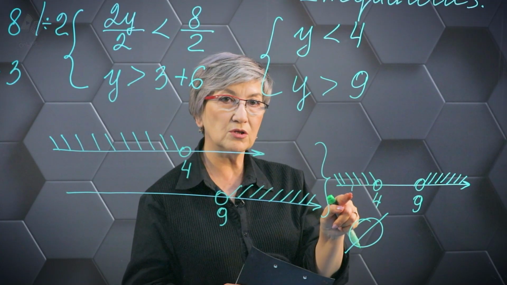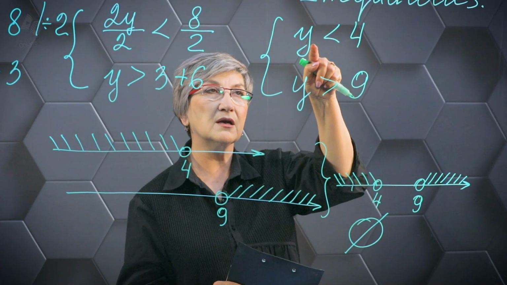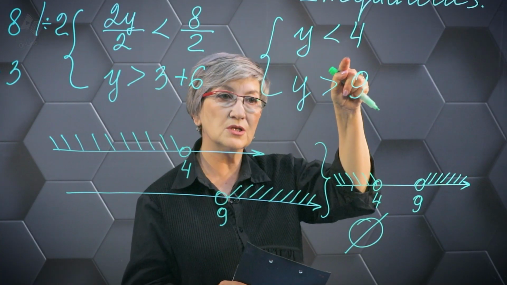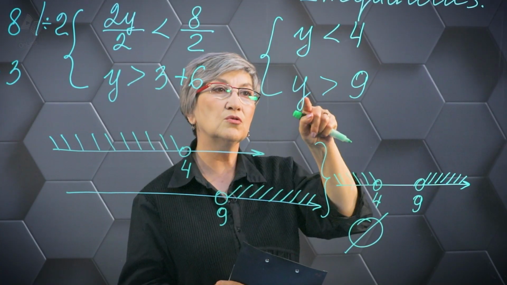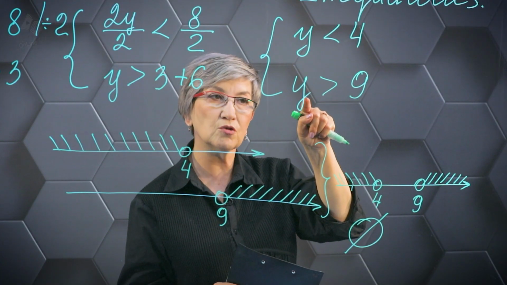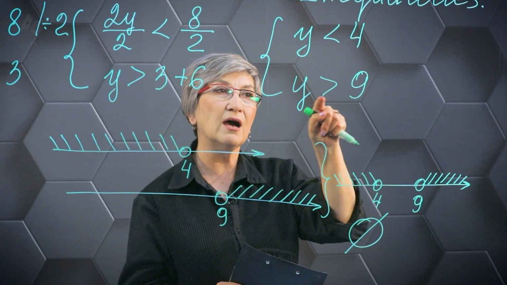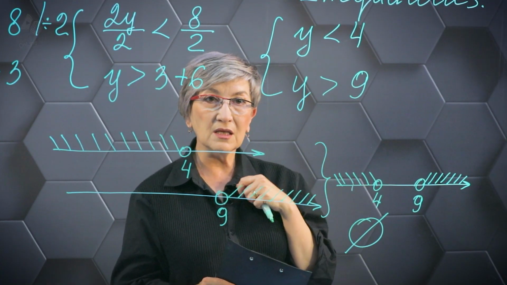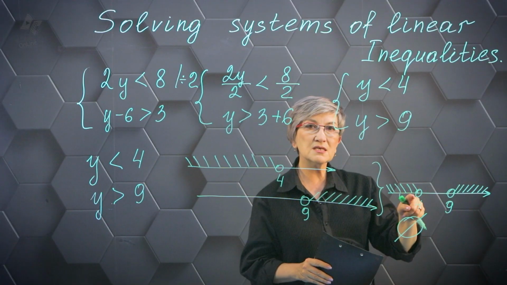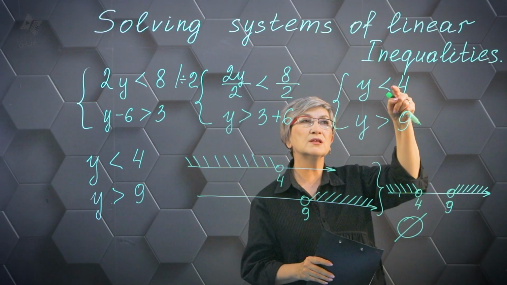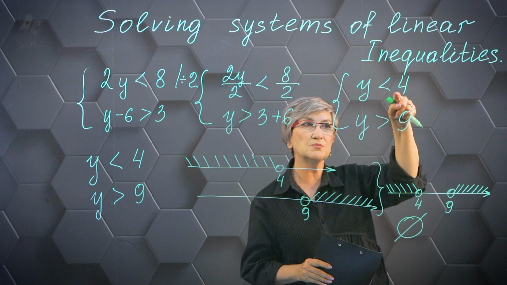If I use the number 2 in the first inequality, 2 is less than 4. Yes, that's true. But if I substitute the same number into the second inequality, 2 is greater than 9. This is an incorrect statement. I cannot find a number that is simultaneously less than 4 but greater than 9.